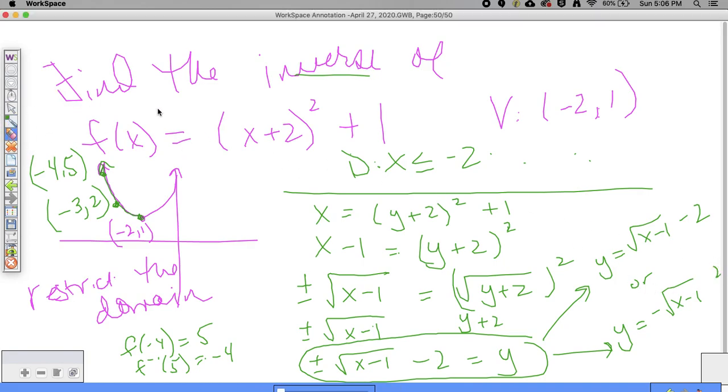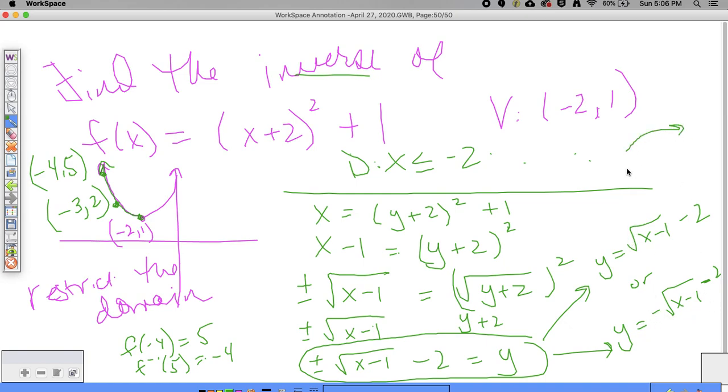Which one of these functions is the actual inverse of f of x equals x plus 2 quantity squared, where your domain is less than or equal to negative 2? So we're talking about the left half of the parabola. Now, if you look at this, this is a positive square root, so it's going to be a positive eyebrow.